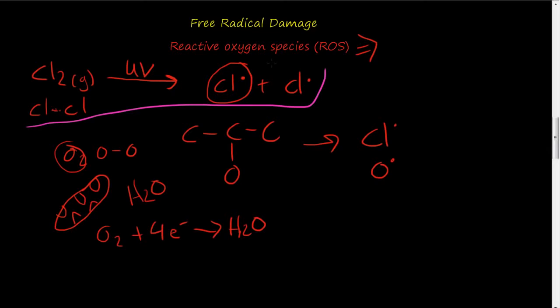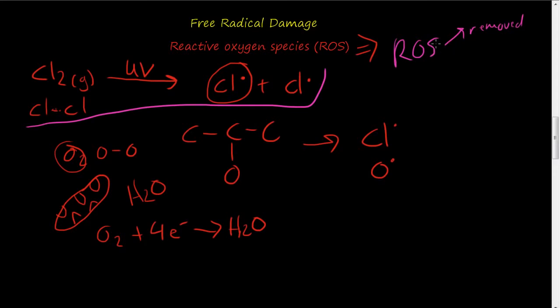So these reactive oxygen species, ROS, are these free radicals that are associated with oxygen, and through this process in the mitochondria, they are produced, but they're taken out.